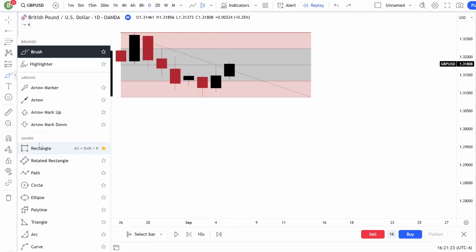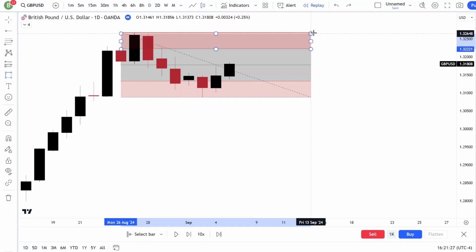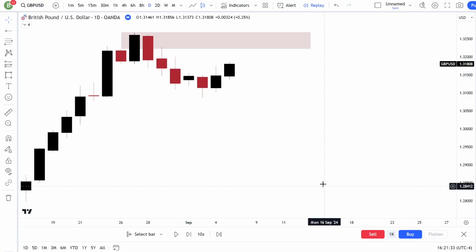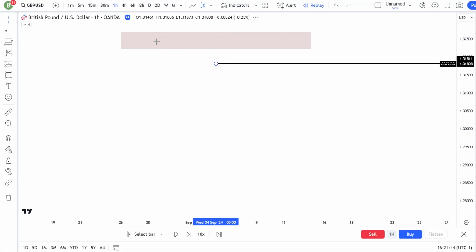So what we do is we mark up our premium. Now that you have your premium marked, mark your candle high. Why would we mark our candle high? Because this will be the next candle's opening. So now we can go on the 1 hour.